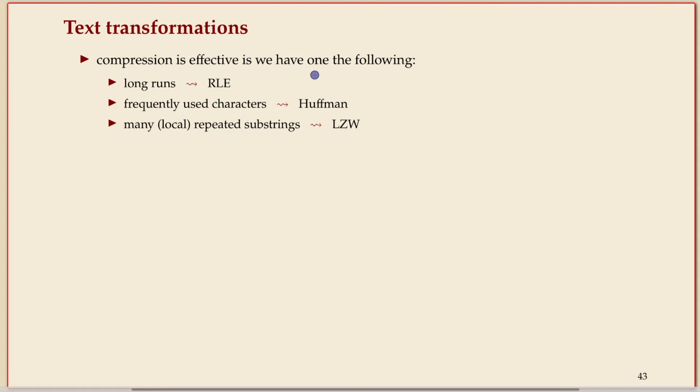So, to sum up the table from before, we've seen ways to exploit redundancy in various methods. If you have a character repeated many times, run length encoding captures that. If you have frequencies of the characters that are vastly different, some characters much more frequent than others, then Huffman's your guy to capture that redundancy.